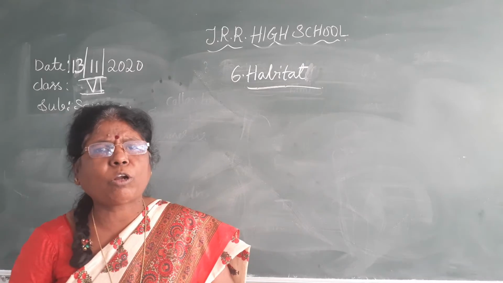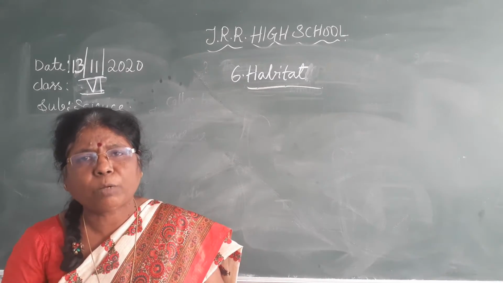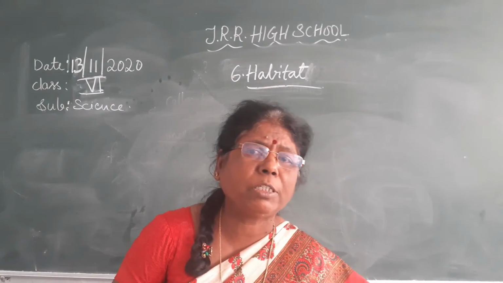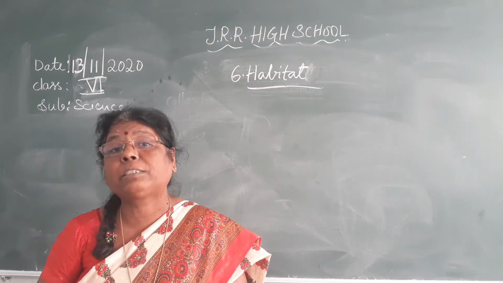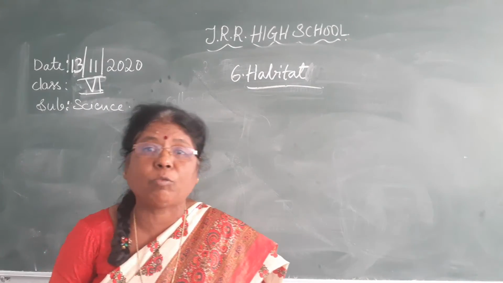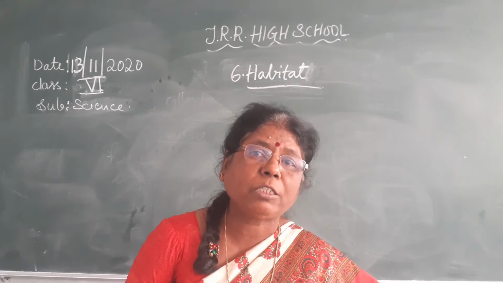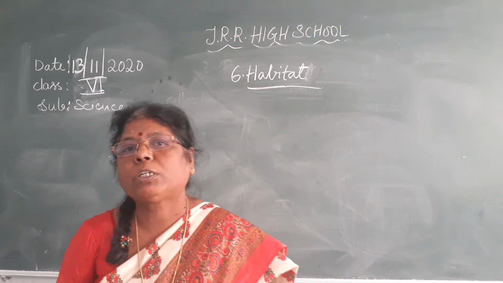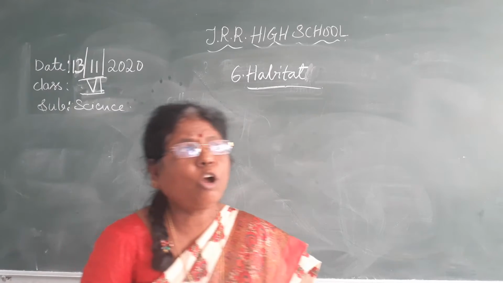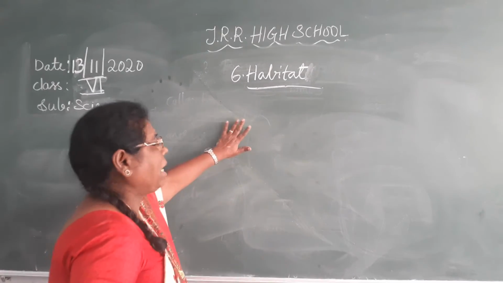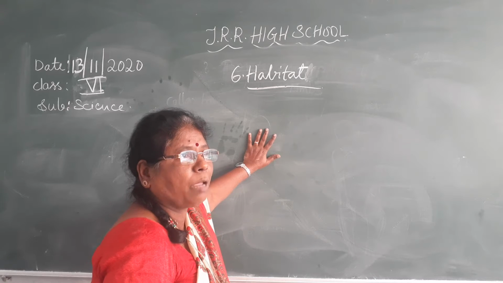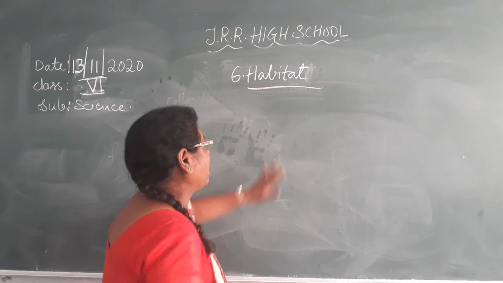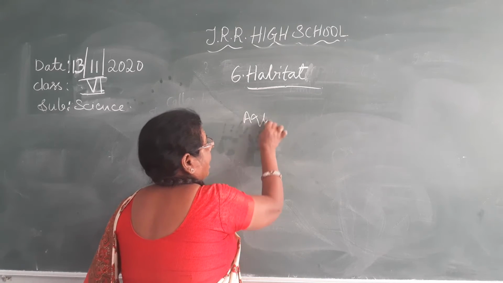Fishes you will see, small tadpoles also, eggs, insects hovering on the surface of the water. What do you understand by this? Water also is a habitat. So water is a habitat, that is aquatic habitat, and terrestrial habitat. We are going to know about the aquatic and terrestrial habitat.